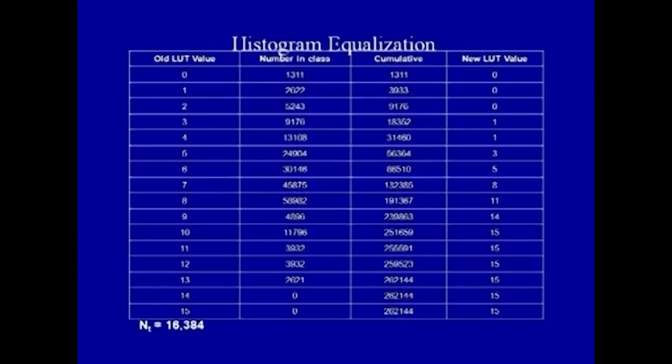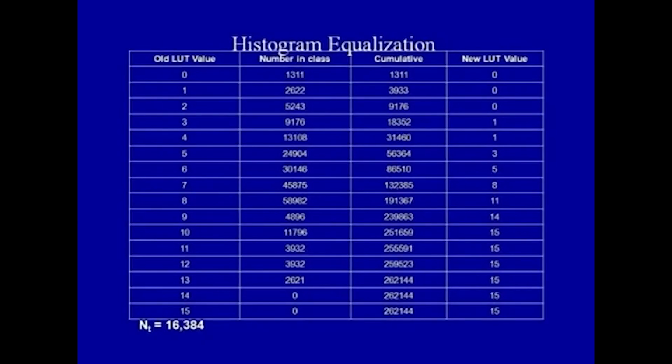To explain this procedure, let us look at a small example of histogram equalization using the histogram of an original image having 4 bits, that is 16 levels of brightness, for an image size of 512 by 512.